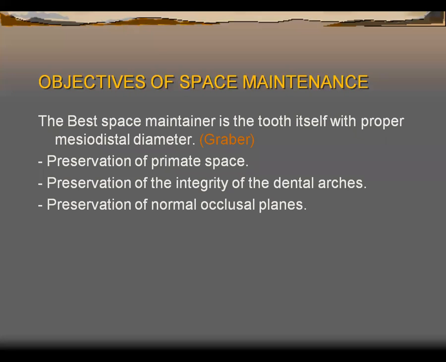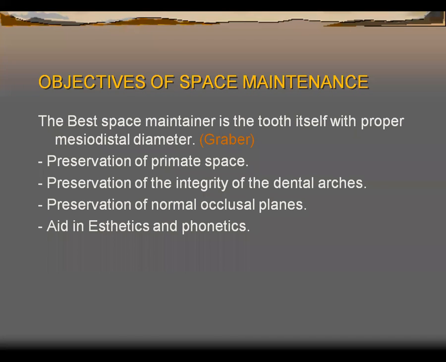Now, what are the objectives of space maintenance? The best space maintainer is the tooth itself, a healthy, sound tooth with proper mesiodistal diameter. That is the best space maintenance.